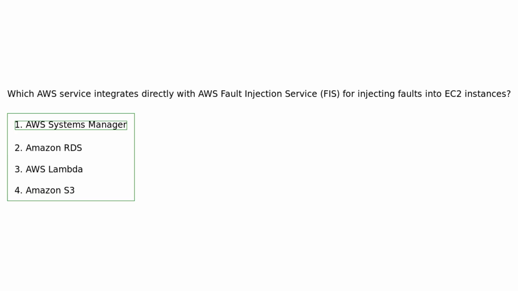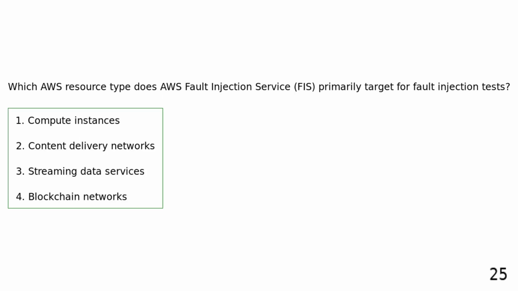AWS Fault Injection Service integrates directly with AWS Systems Manager to inject faults into EC2 instances, allowing controlled testing of fault tolerance mechanisms. Which AWS resource type does AWS Fault Injection Service primarily target for fault injection tests? Compute instances. Content delivery networks. Streaming data services. Blockchain networks.